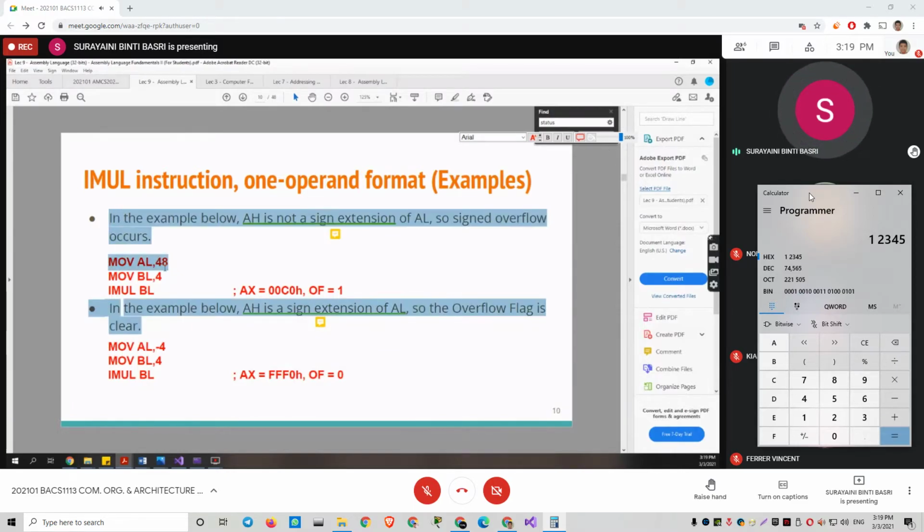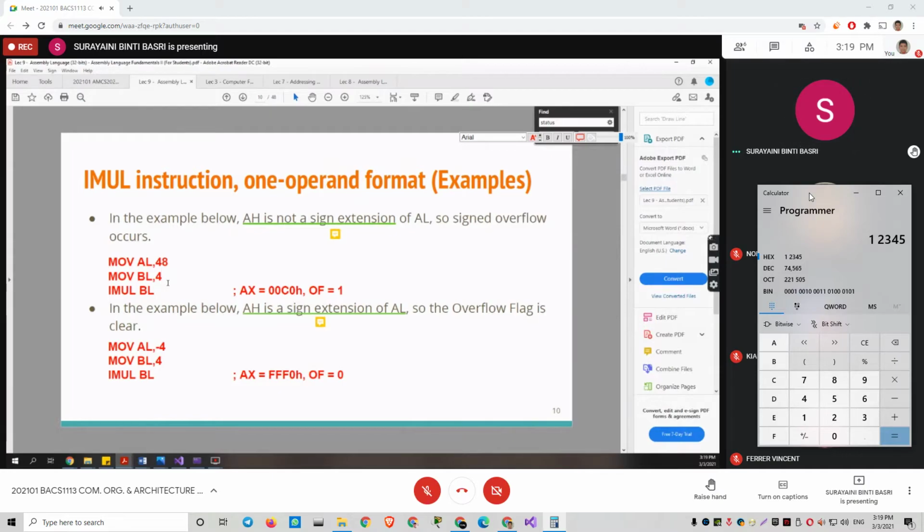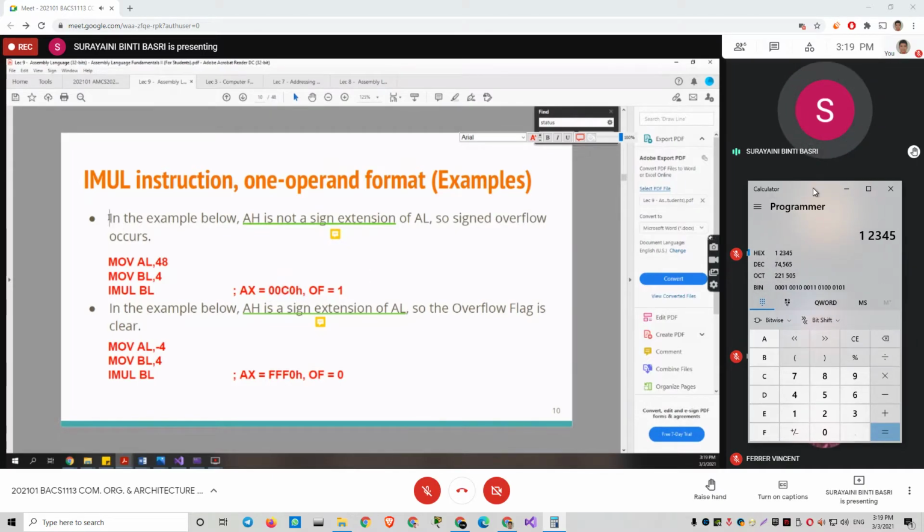So in our example now, sorry, in this example, AH is not a sign extension of AL. So sign overflow occurs.